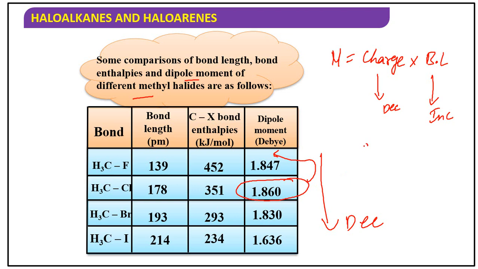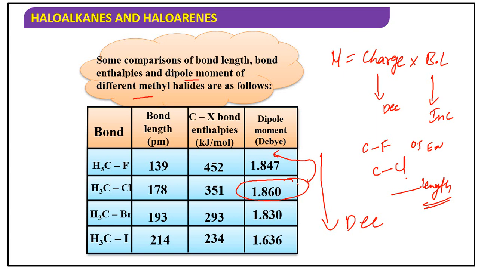Why? Because in the case of C-F and C-Cl, the electronegativity difference is only almost 0.5, but the bond length is more. So the multiplication of these two values is a little higher than for the C-F bond.